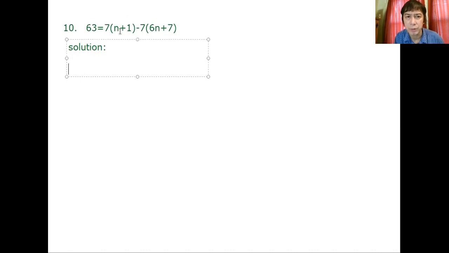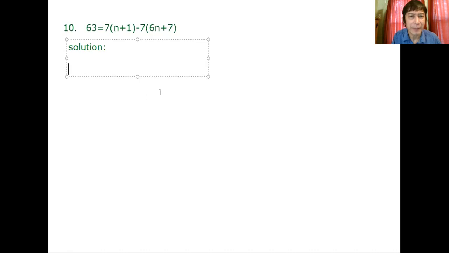So this means product minus product. So you can see a common number 7, and we have a 63. We know there's a number 7 in 63 because 7 times 9 is 63. So we can try reducing the numbers first by way of dividing each term by the number 7. That will be a good approach.